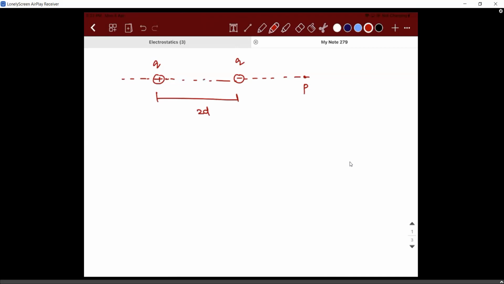Right. So I told you why we have taken 2D: wherever a dipole, whether it is an electric dipole or a magnetic dipole, is involved, all the distances with respect to every point are measured from the center of the dipole. Where is it measured from? It is measured from the center. Center is exactly the midpoint. So if you take this to be the center, then how do you break the distances on either side of it?